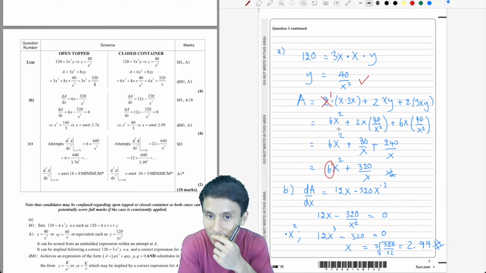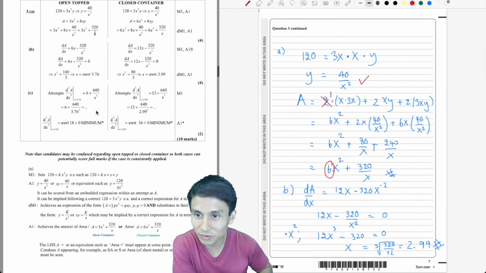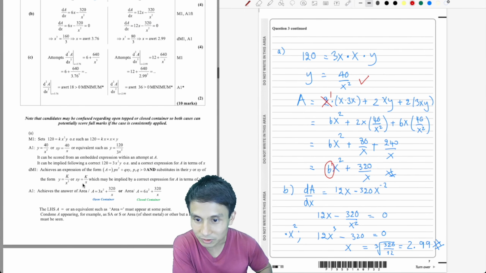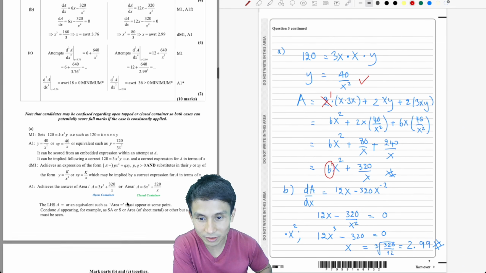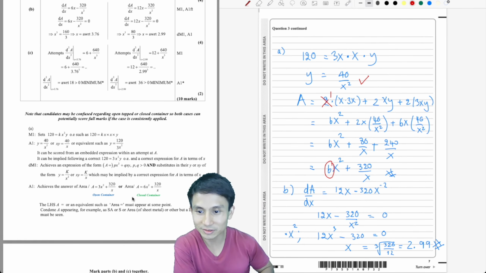All right, so how many marks did I lose here? Let's see. 3a. DM achieved an expression for a. Substitute there. Okay, which may be implied by a correct expression for a in terms of x. Wait. I get a mark for closed container? I did.